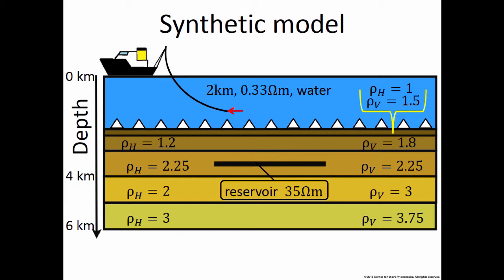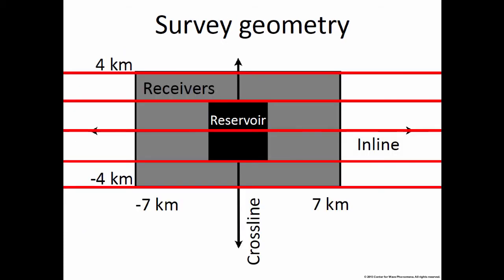And our source is a 300 meter horizontal electric dipole with a frequency of 0.2 hertz. And we have the data for this model with the reservoir and without, for all three components of the electric and magnetic field. The survey geometry, which I'm showing here in a map view, follows the typical geometry of a CSEM survey.